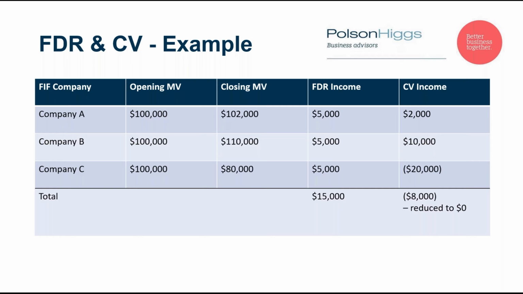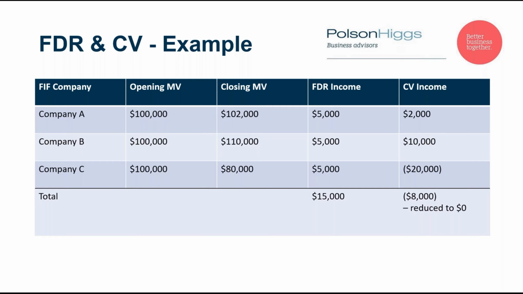If Company C was a forced CV company, so the IRD said you must use CV for Company C, then I'd take the 20,000 and I'd get to have that loss. I'd put the $20,000 loss in my tax return. I would then compare Company A and B together: 10,000 FDR income, 12,000 CV income.